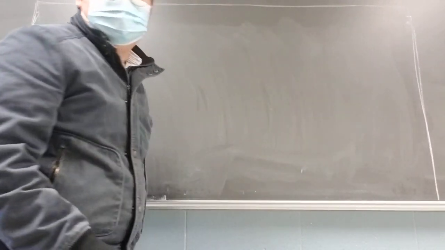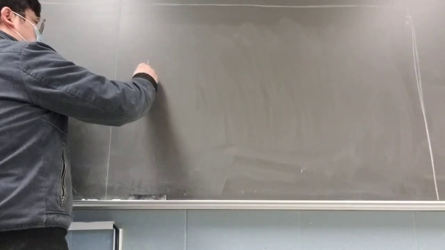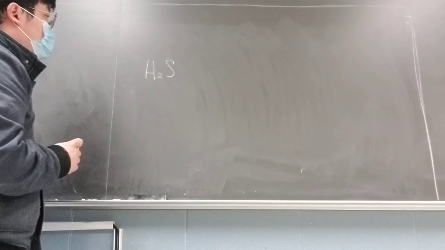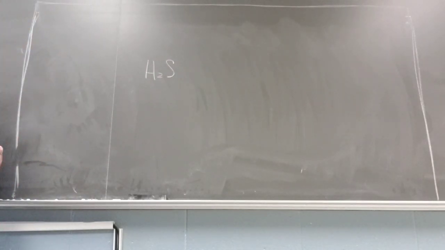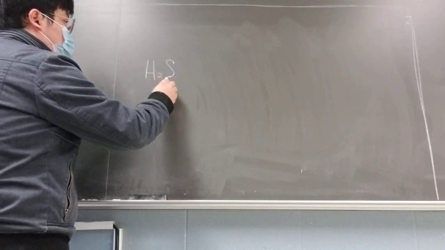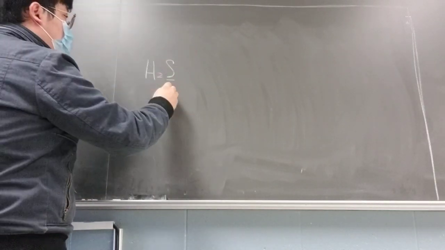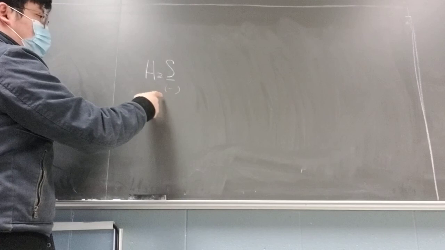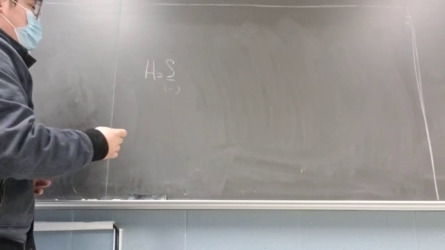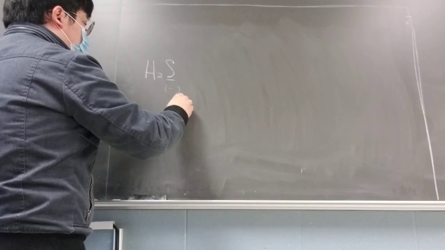So let's try to do some problems here. The first one, okay, is H2S over here. In this case, you can assume that sulfur is the non-metal. You see it on the right side. So you can say, oh, this has to be most likely negative in oxidation number.